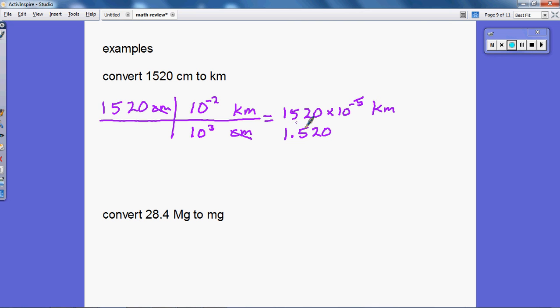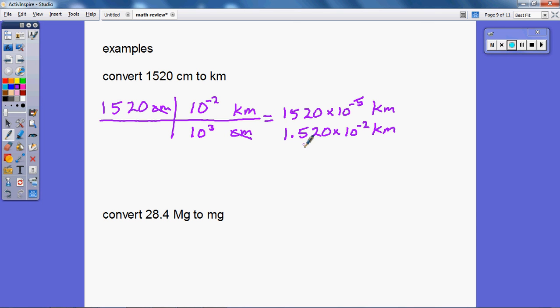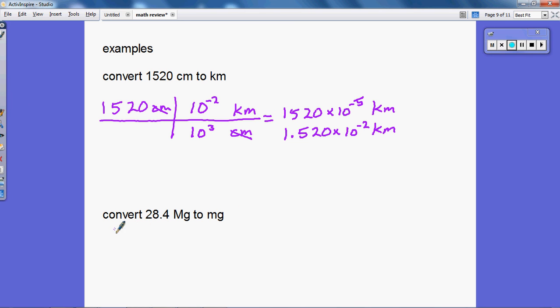I've moved left 3 of those, so I still have 2 left over. This is using our exponent rules. We'll have to have another video on that some other day. So here's another way that you can set up these conversions. Let's look at another example.